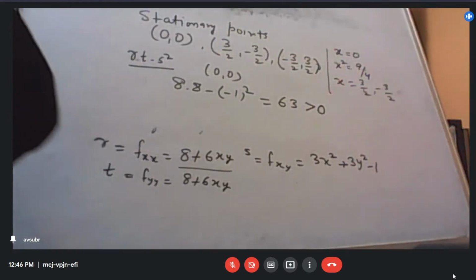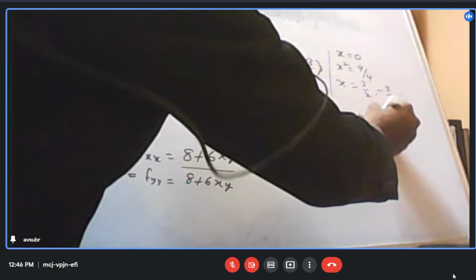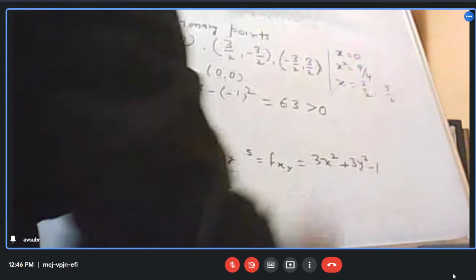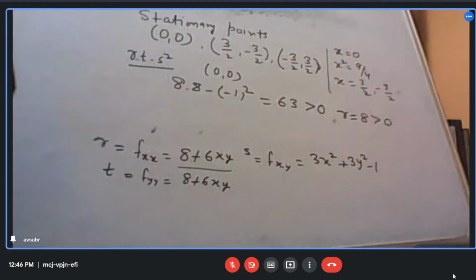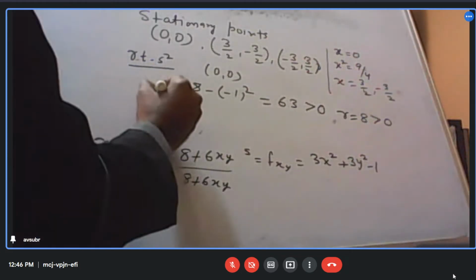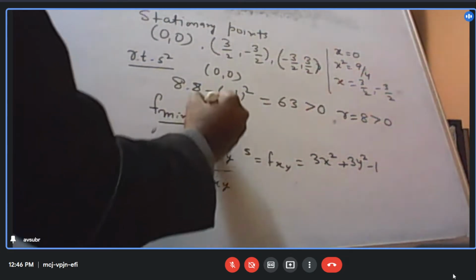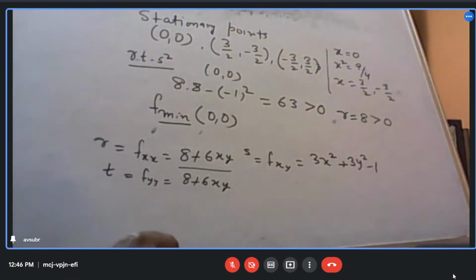But apart from this, r is also positive, because it is equal to 8, which is positive. So it means that f should have a minimum at 0, 0.